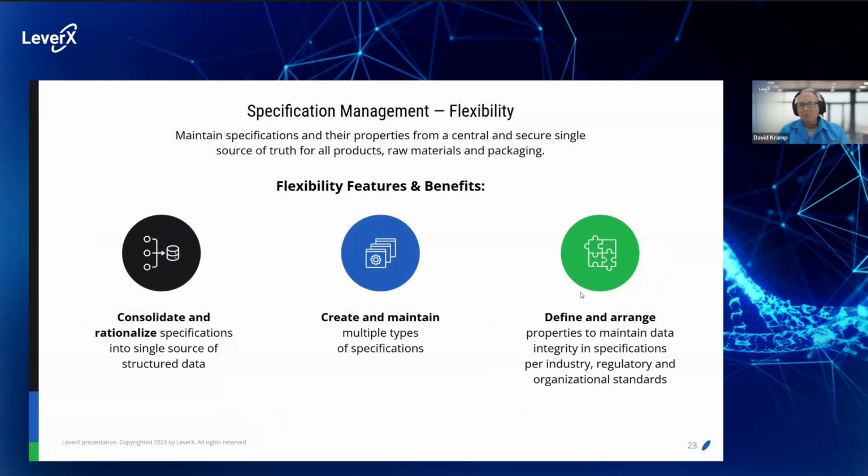Most companies have information everywhere, and SAP's specification gives you one place to put that information. Multiple types of specifications. So you define what types of specifications you want to use and manage, and how you're going to use those in their role for your corporation.